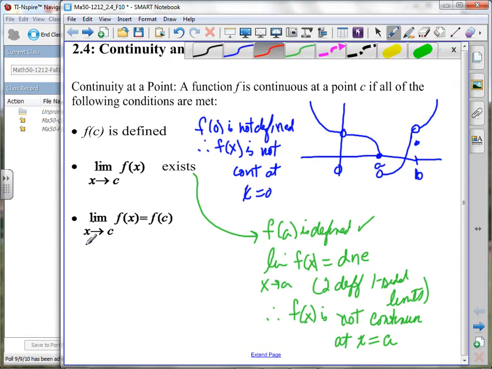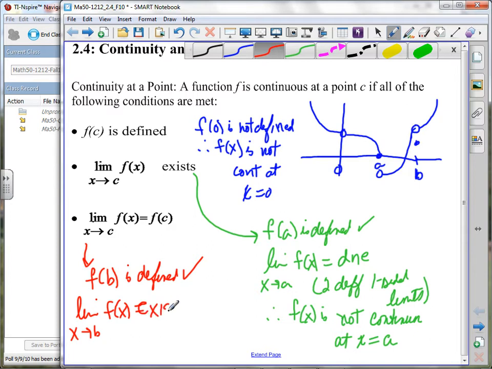We'll use red for this one. Is f of b defined? Yeah, there's a point right there. It is defined. So f of b is defined. Check mark. Does the limit as x approaches b exist? Yeah. As I come up to here, whatever that value is, and come down to here, it is. So we would say that it does exist.